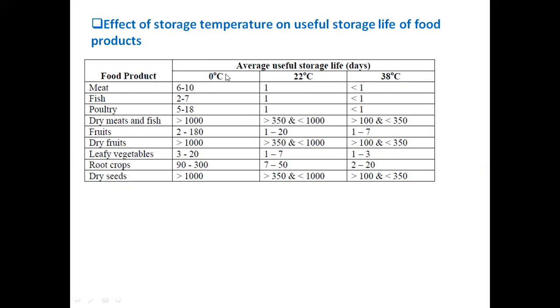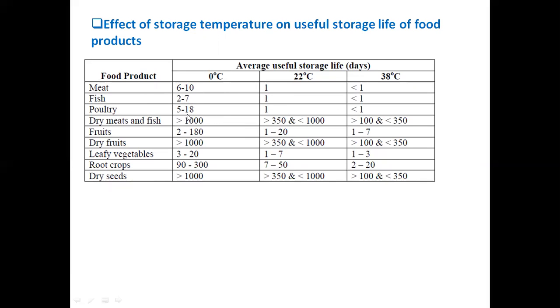But as you can see in the first column, if the temperature is 0 degrees Celsius or below zero, you can increase the life from 1 day to 6 to 10 days for meat, and 2 to 7 days for fish, which are very susceptible to high temperature and spoilage, and have only 1 day of useful life, increased up to a week, right?